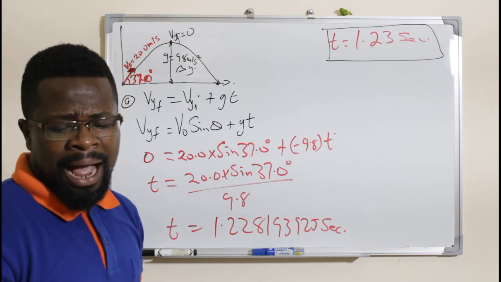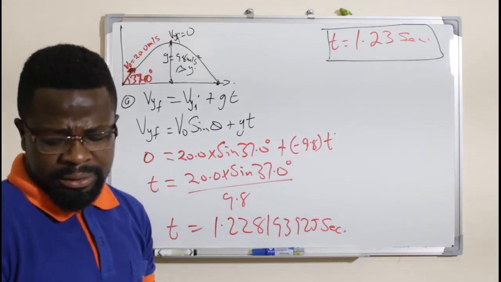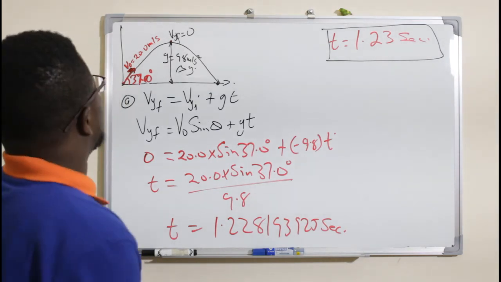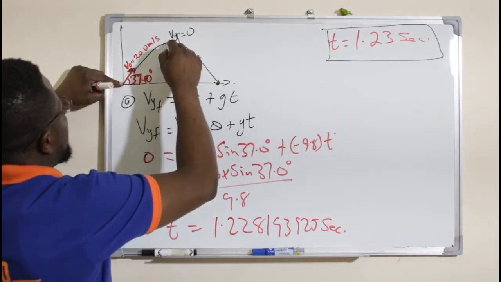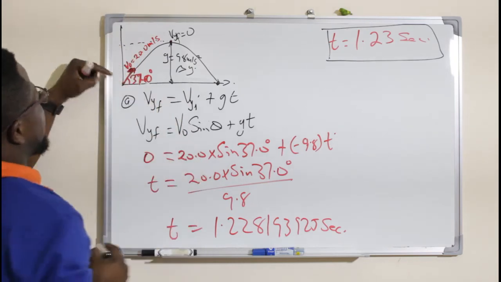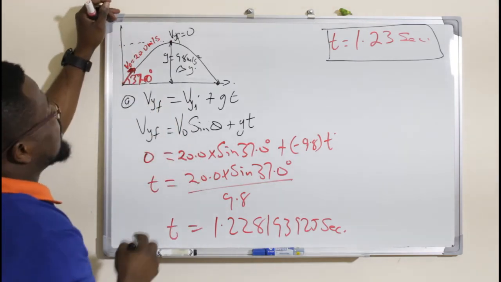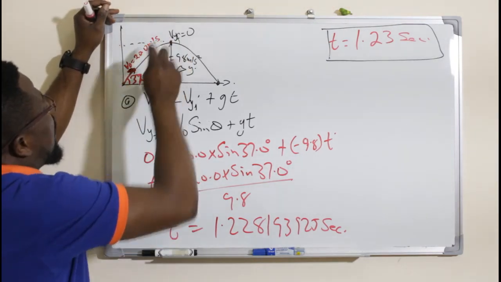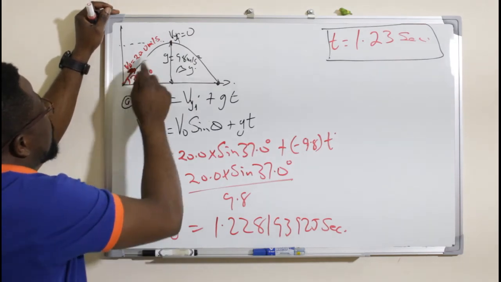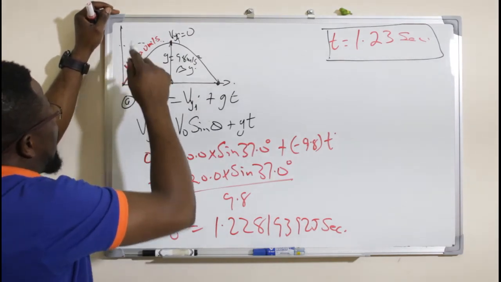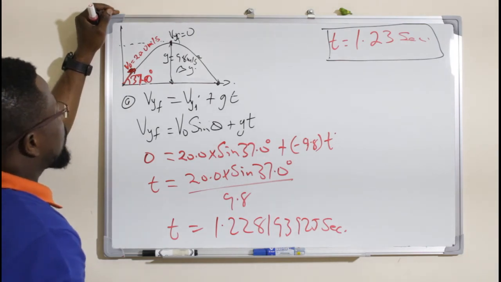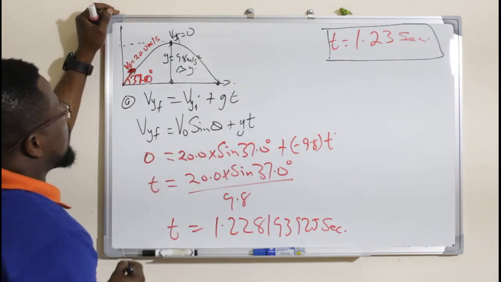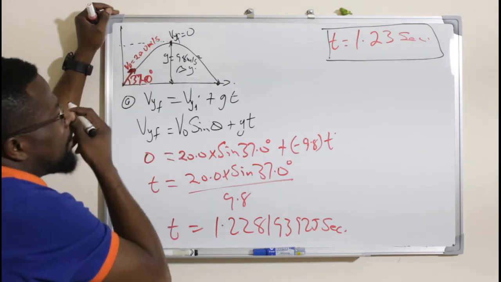The maximum height the ball reaches. Right. So I want to find the maximum height the ball reaches, and that means from here to here, which is just the same as this. And once I know the time to reach the maximum height, I can find the maximum height itself.